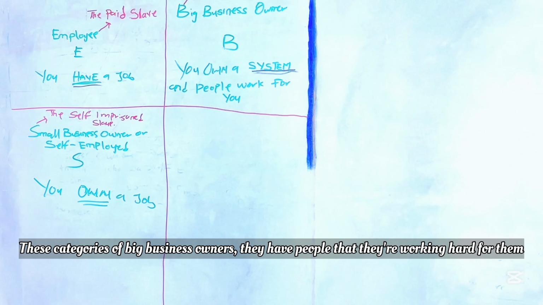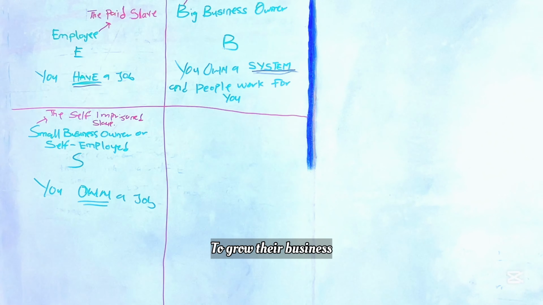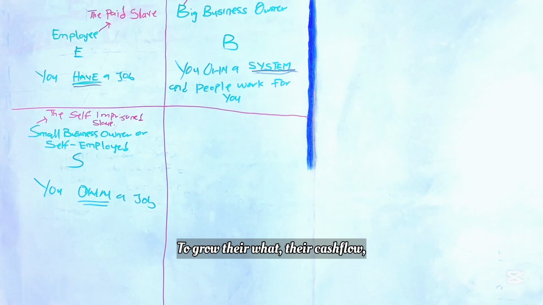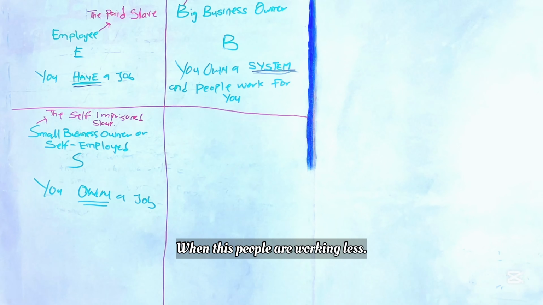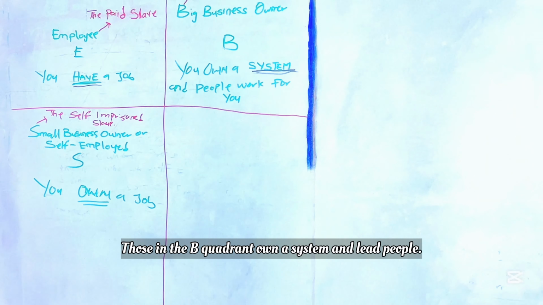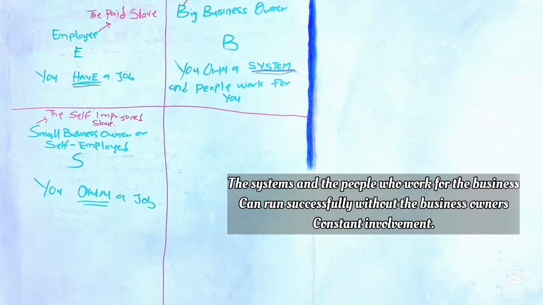These big business owners have people working hard for them to grow their business, their cash flow, their income, while they work less. Those in the B quadrant hold a system and lead people. The system and people who work for the business can run successfully without the business owner's constant involvement.